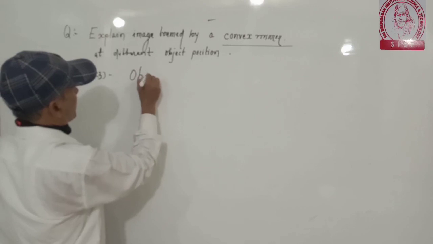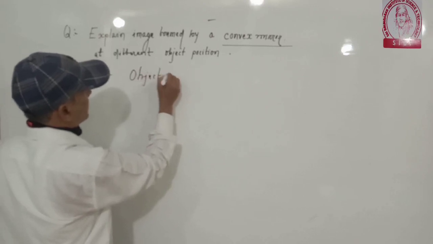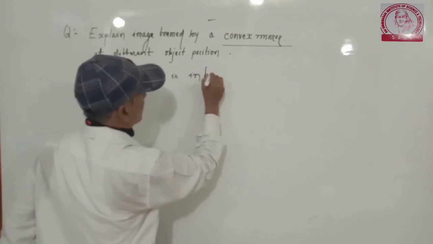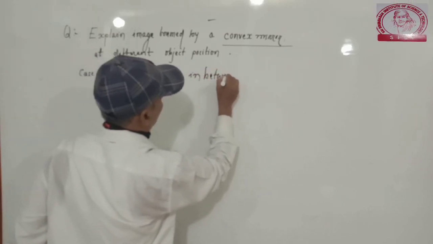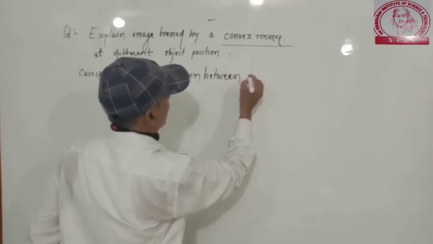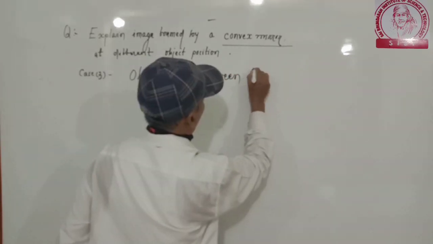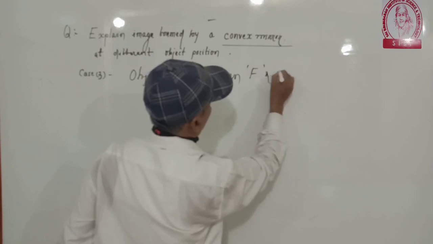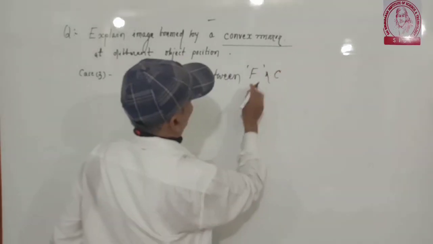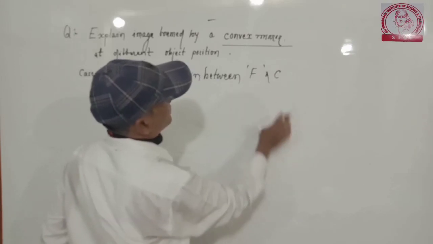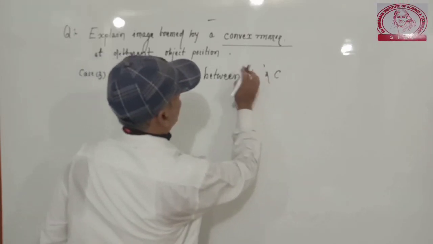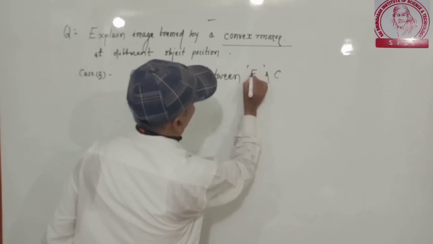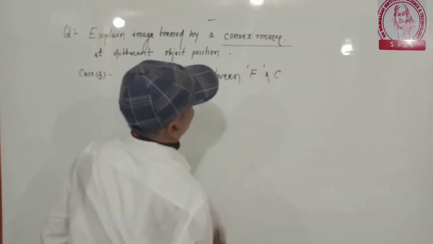Object, again I am writing, object is in between F and C. Object is in between F and C, principal focus and center of curvature F and C.